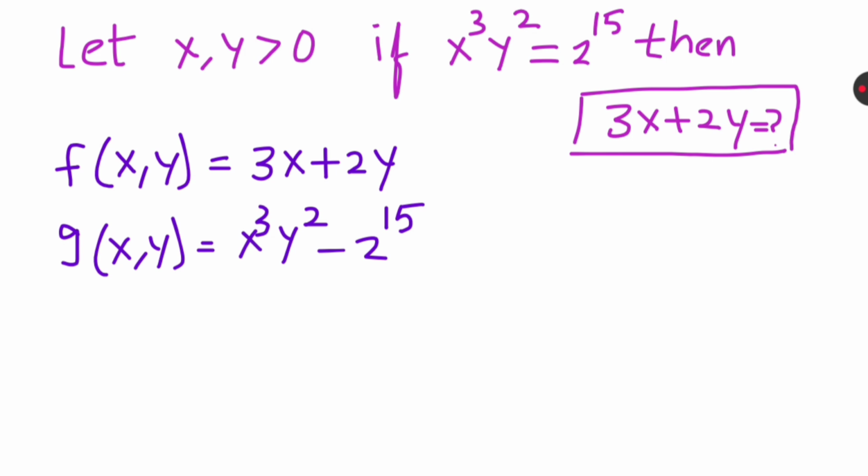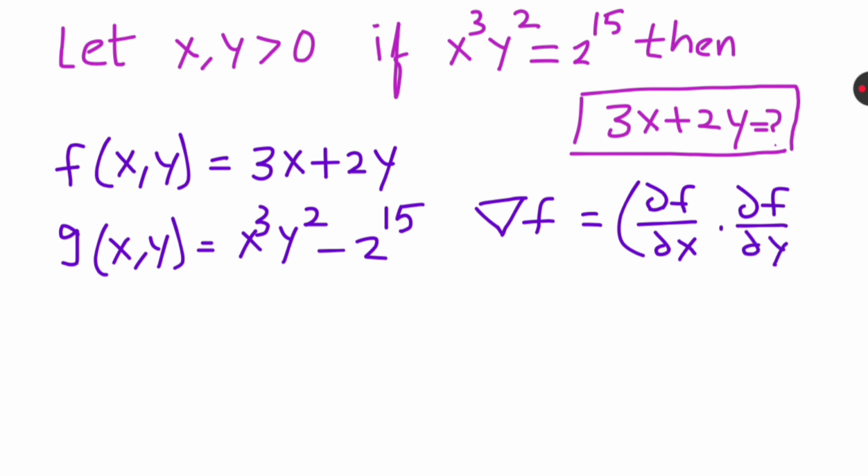The gradient of a function is a vector of partial derivatives. So we can simply denote this as ∇f = (derivative of f with respect to x, derivative of f with respect to y). That means to find ∇f, we have to take the derivative with respect to x and the derivative with respect to y.